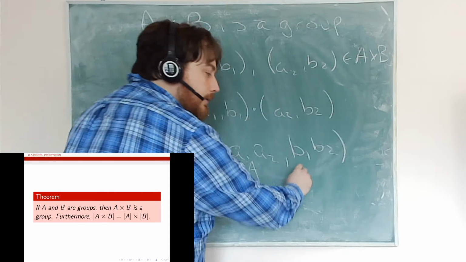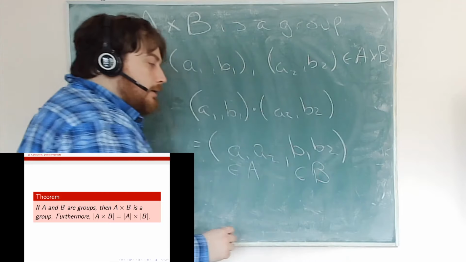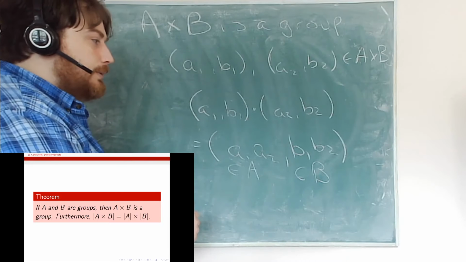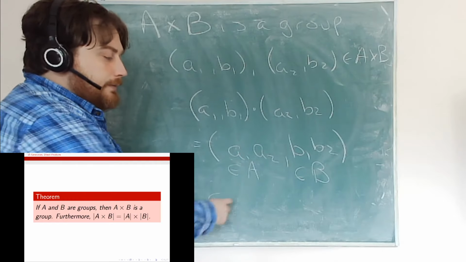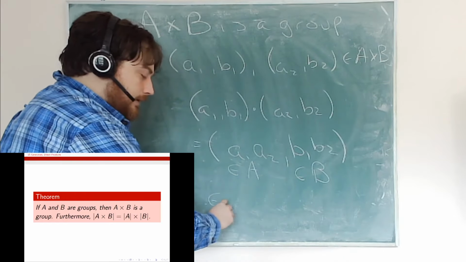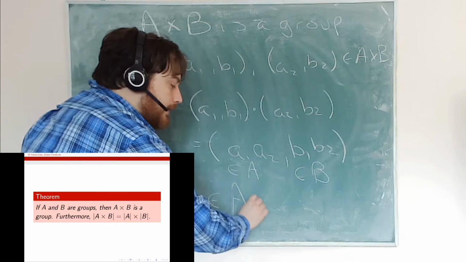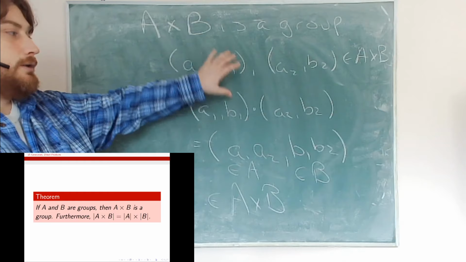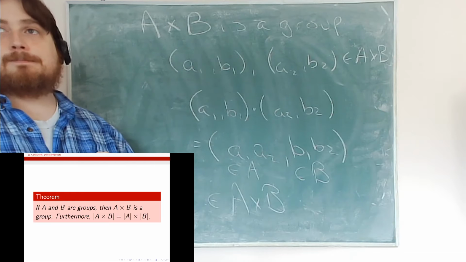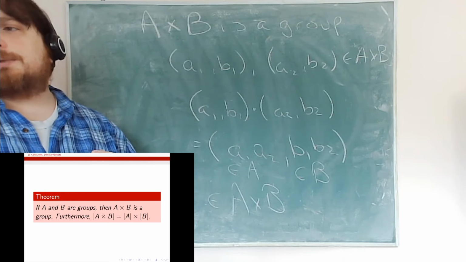And if I multiply two elements of B, I get an element of B because B is a group. So in the end, this is an ordered pair with the first entry in A and the second entry in B, so it is an element of A cross B. So we've shown that A cross B is closed under multiplication. Does that make sense so far?